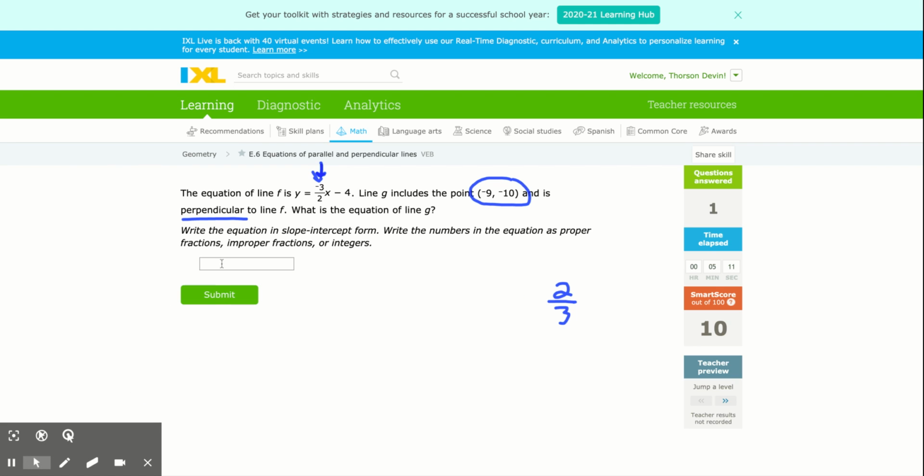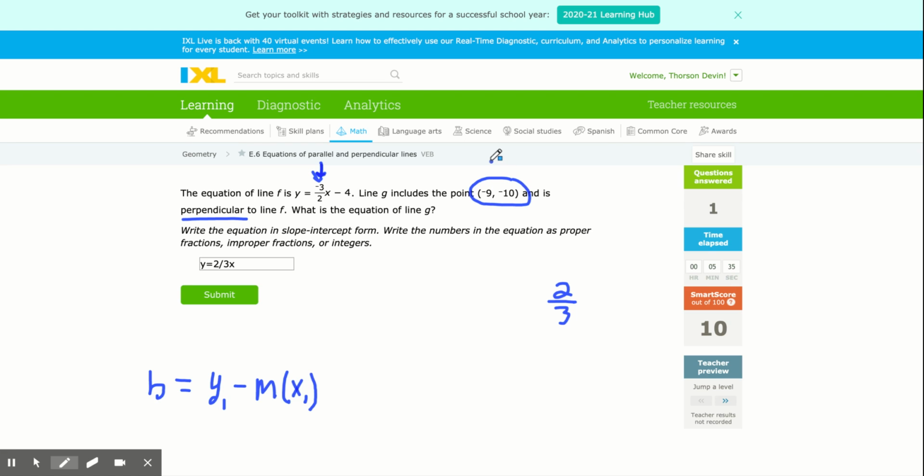So right off the bat, I can type in y equals 2/3 x. Now I just got to find my b value. Now again, remember, b can be found by taking any y from a point, minusing off the slope that we're using for our line times the x value that went with the y value.